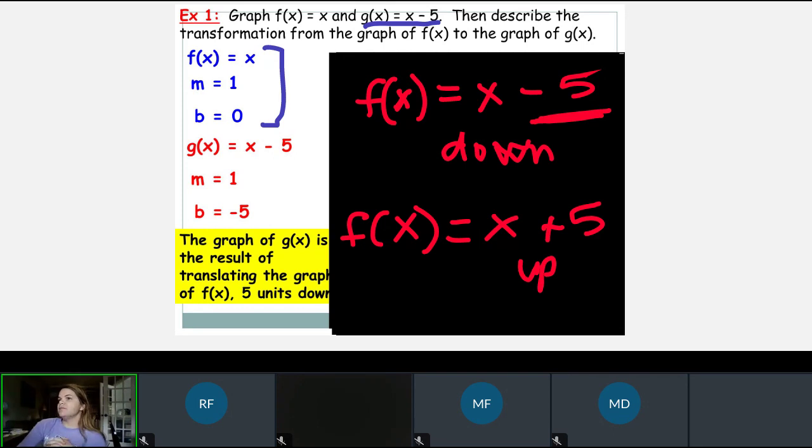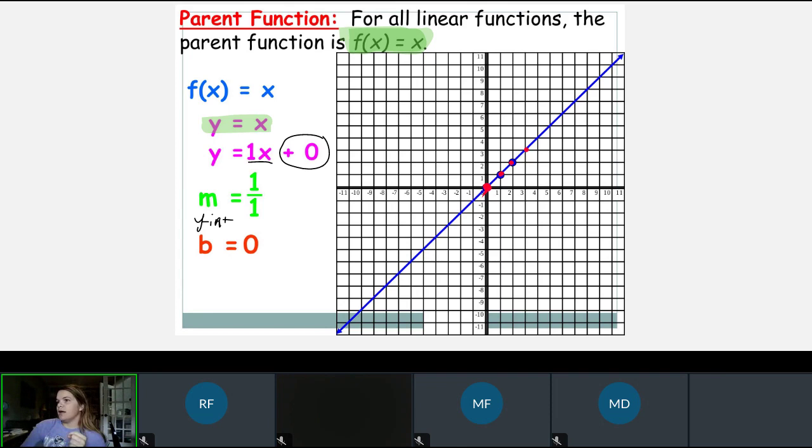So, Ben, the difference between f of x and g of x is that they're two different functions. f of x is our parent function. That is the blue line. Let me go back.